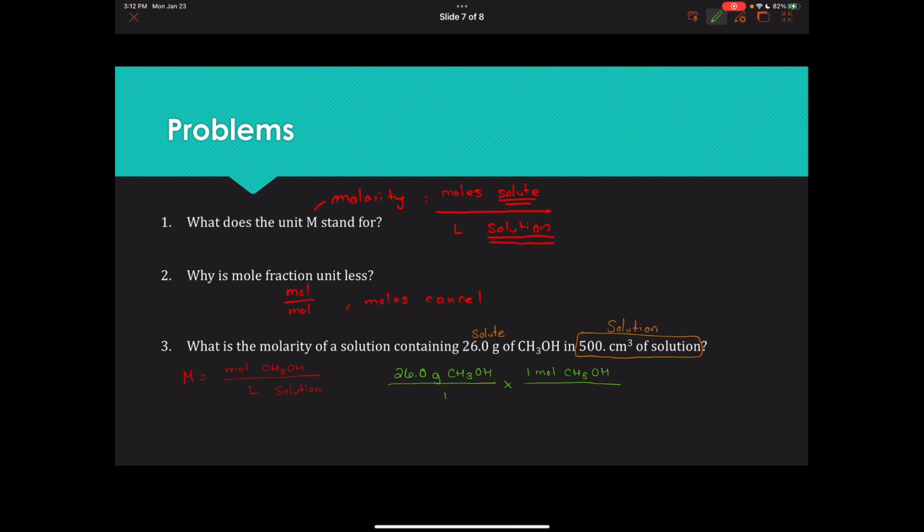That CH3OH is going to have a molar mass of 32.05 grams per mole. So I'm putting my grams on the bottom, the 1 mole on the top, and I get 0.811 moles of my solute.